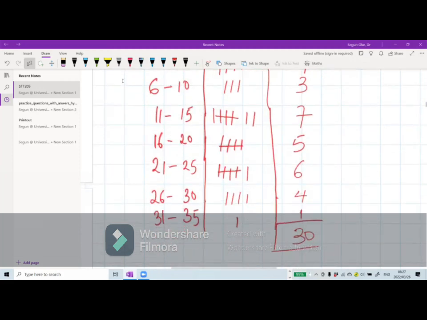Anytime it's in class interval like this, it's turned into group data, and you already have the frequency. That is why it's a group data. Have I answered that? Yes, sir. Thank you. You're welcome.